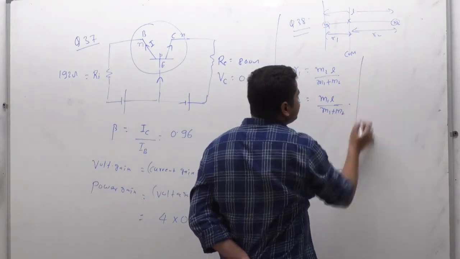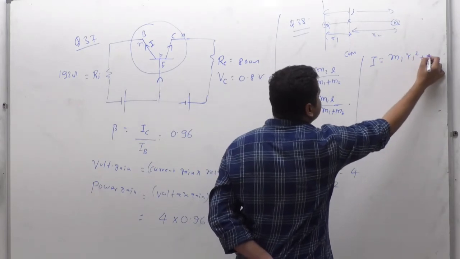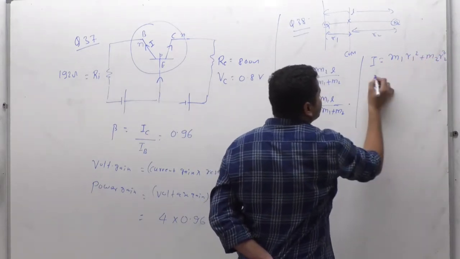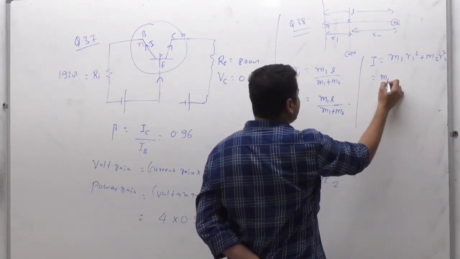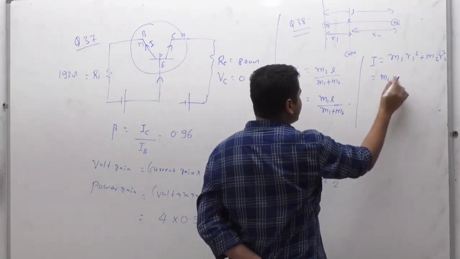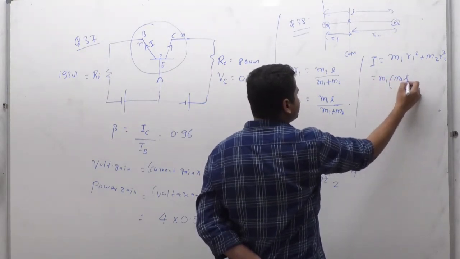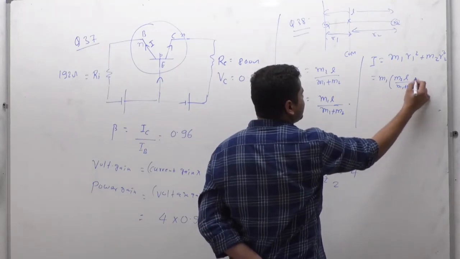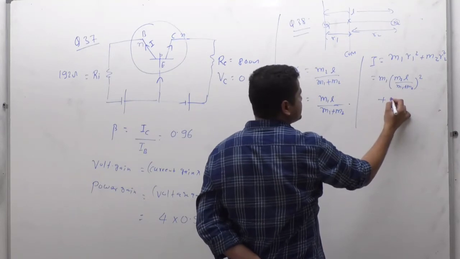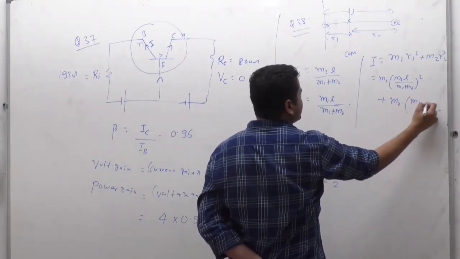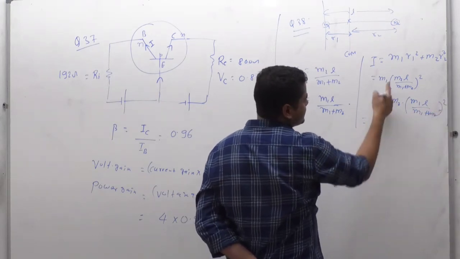Now, moment of inertia I equals M1 R1 square plus M2 R2 square. Just substitute the values. M1 R1 square gives M1 M2 squared L squared upon M1 plus M2 whole square, plus M2 R2 square, which is M2 M1 squared L squared upon M1 plus M2 whole square.